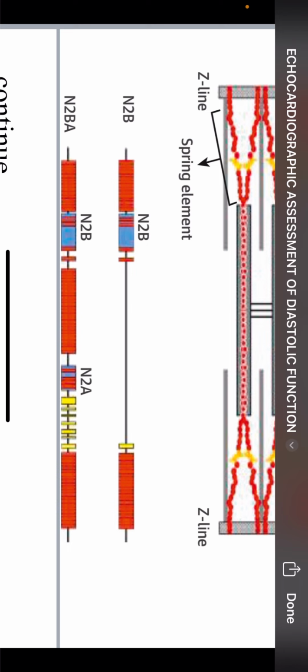That springing can reduce that pressure to around 6. I'm just giving an example. So from 100 to 6, it can do that in a very well compliant heart, a healthy heart, a young heart. Or 6 to 0, it can do that. So that's how it is supposed to be.